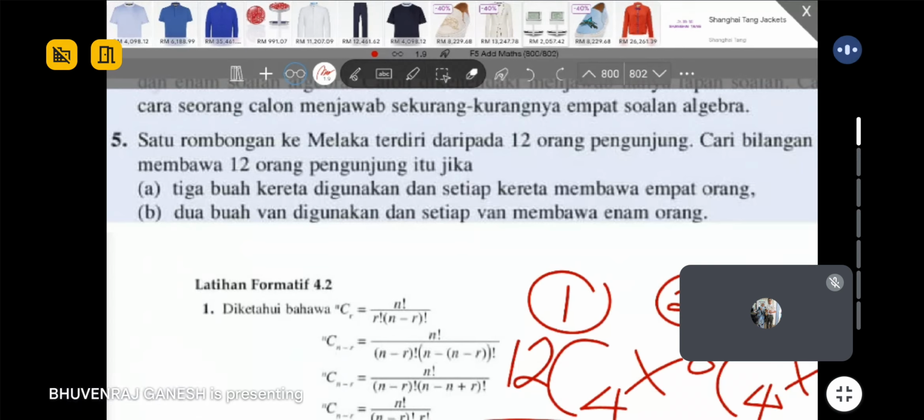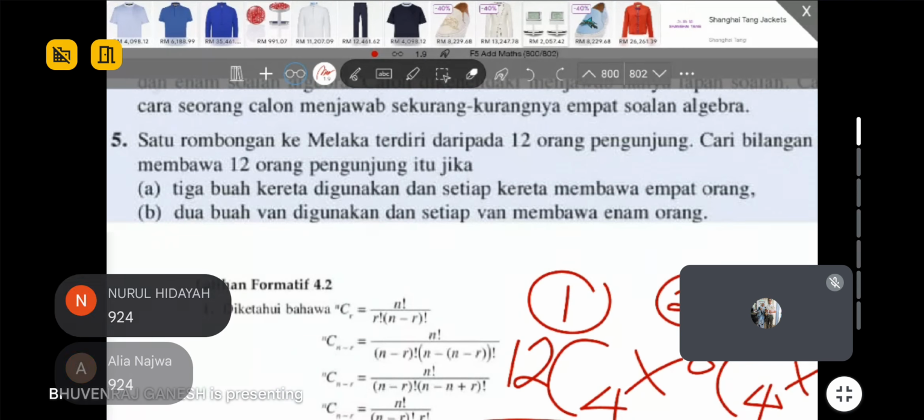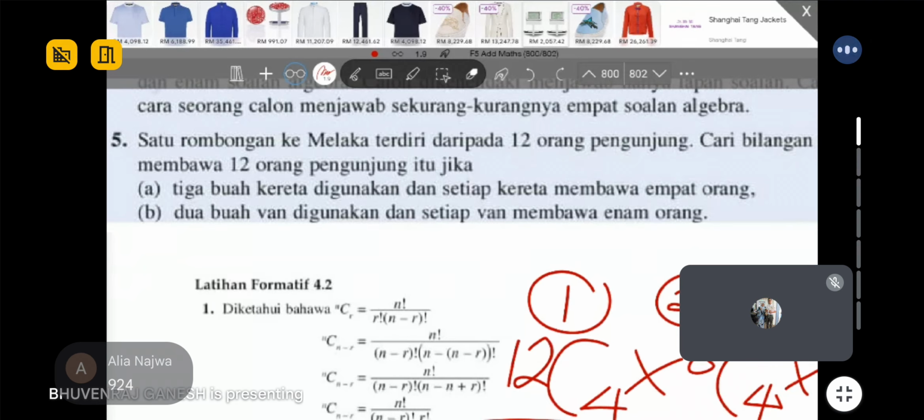Muzai, correct. Shade Zikri, correct. Hidayah, correct. Enox Meto, correct. Atika, correct. Bombshell, correct. Jajet, correct. Afika, correct. Wow, very good. Alia, correct. 100%, guys. First time. 100% correct. Very good. Okay, so the answer is 924.